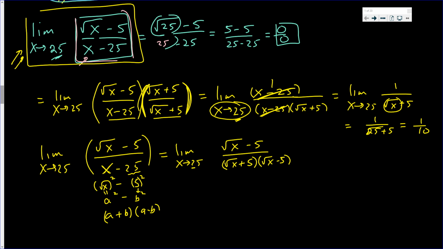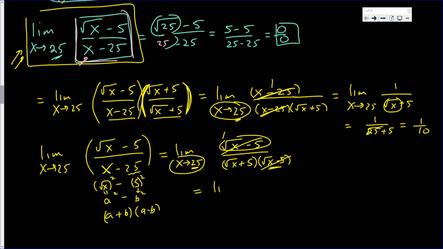Now, if x is 25, then this will be 0 and this will be 0. But only when x is 25. But x is not going to ever be 25. Gets as close as imaginable, but it won't be 25. So this is 1.